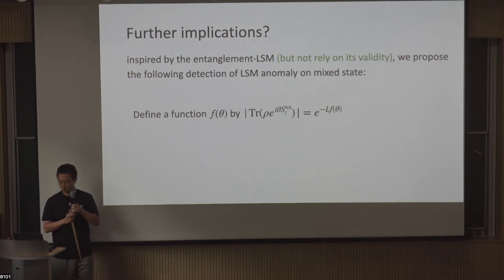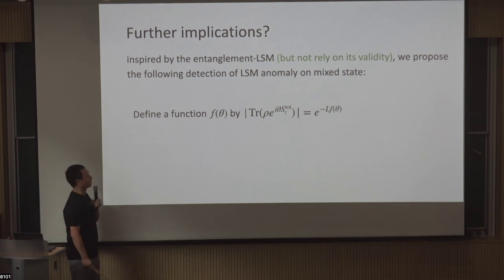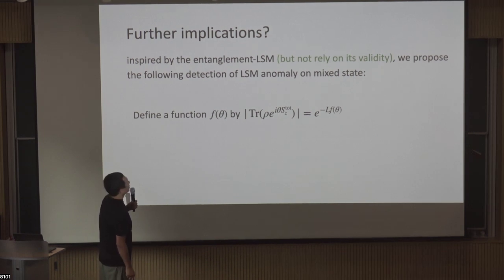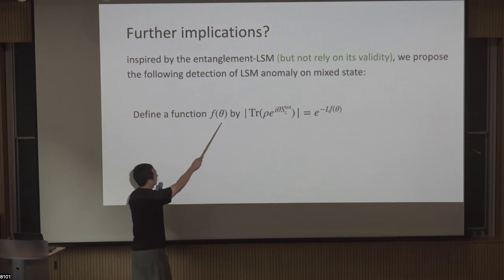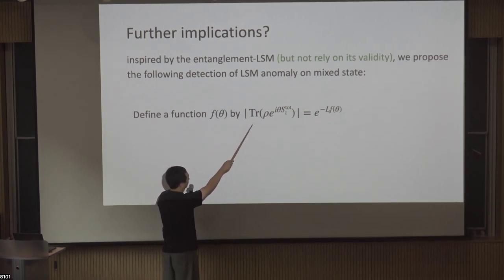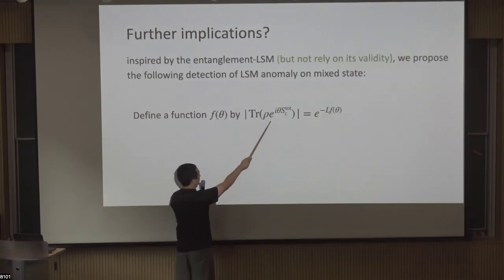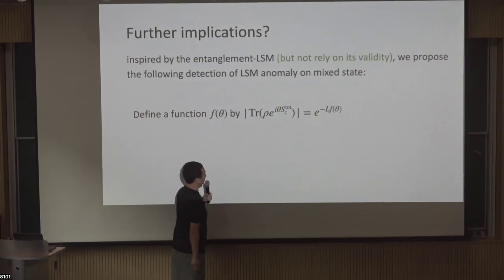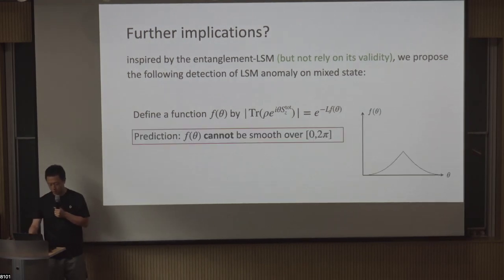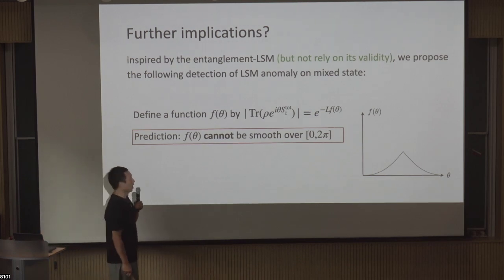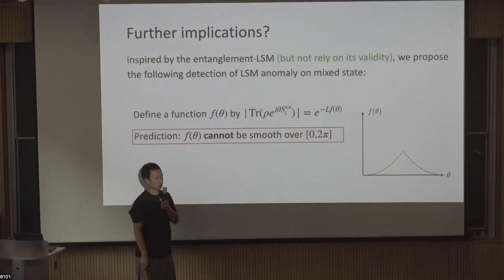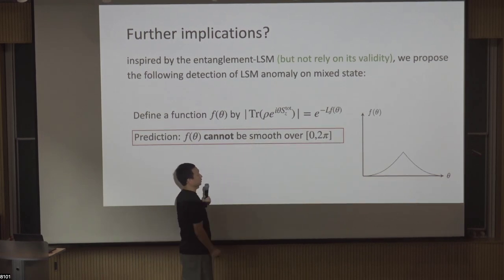Here's the statement. That's the second result of this talk. We define a function f(theta). This f(theta) characterizes the expectation value of a symmetry operator. This rho is the density matrix that satisfies all the requirements I impose: SO(3) symmetric, U(1) translation symmetric, and short range correlated.